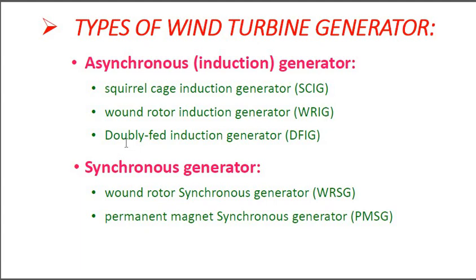And last one is doubly fed induction generator, short form DFIG. Now, types of synchronous generator. First one is wound rotor type synchronous generator WRSG, and second one is permanent magnet synchronous generator PMSG. These are the main types of wind turbine generators.